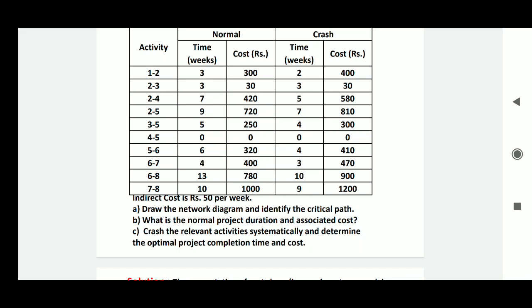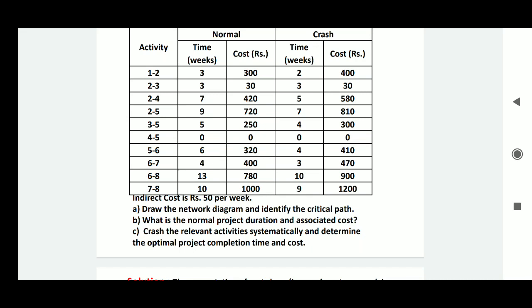If we crash the whole project, what will be the duration and the total cost? And what will be the optimal duration and optimal cost?